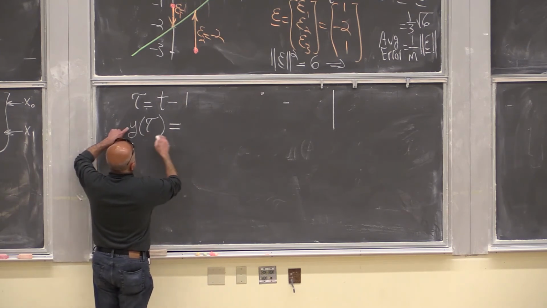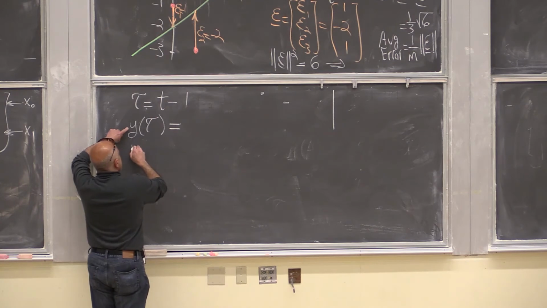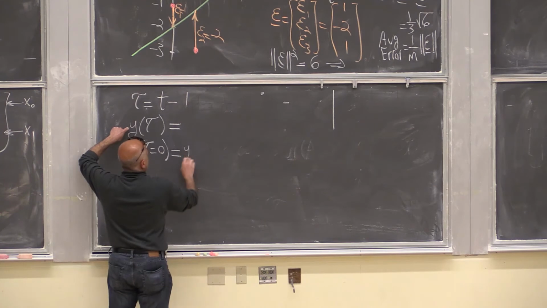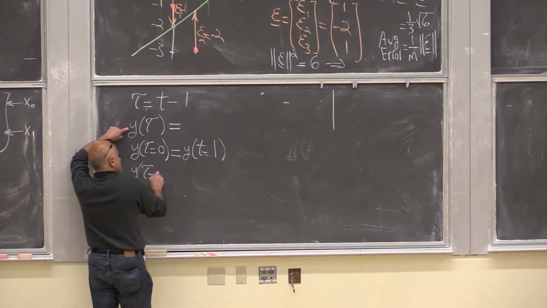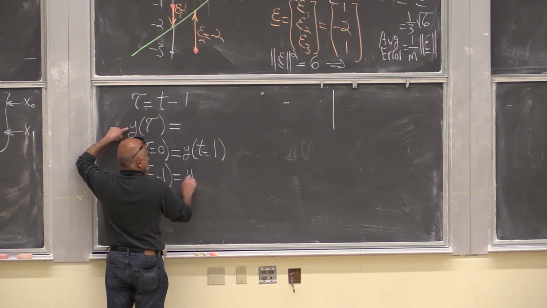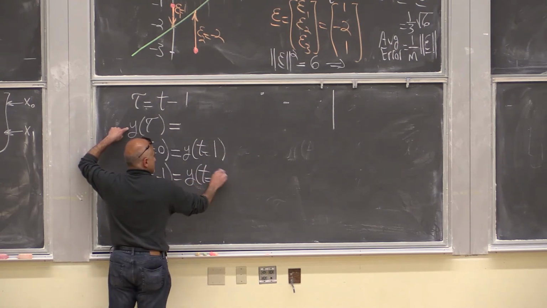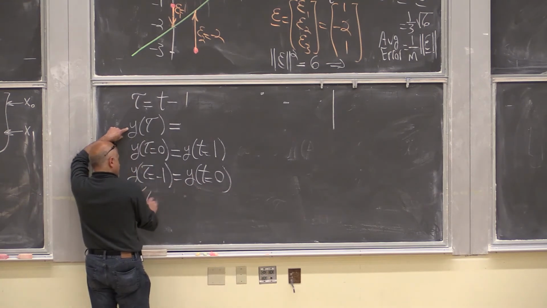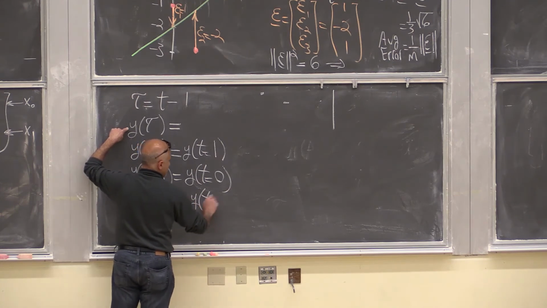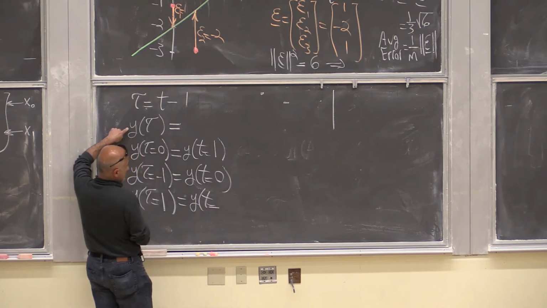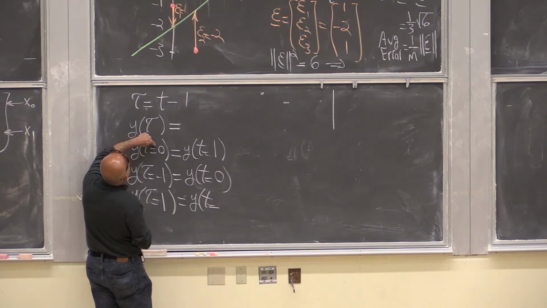So y at tau equals 0, I want to be y at t equals 1. Y at tau equals minus 1 will then be y at t equals 0. And y at tau equals 1 would then be y at t equals, let's see.